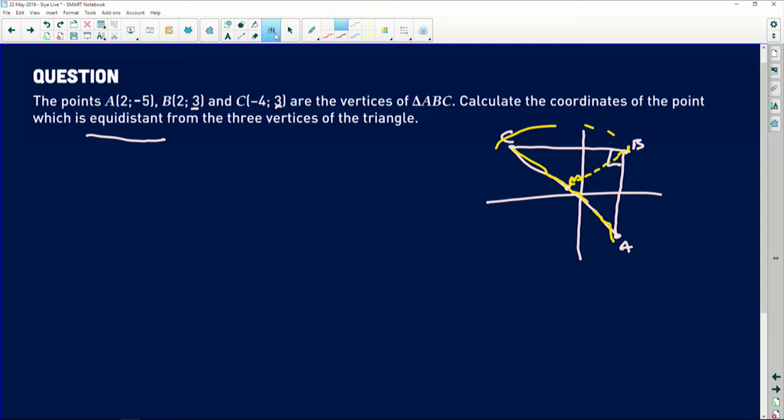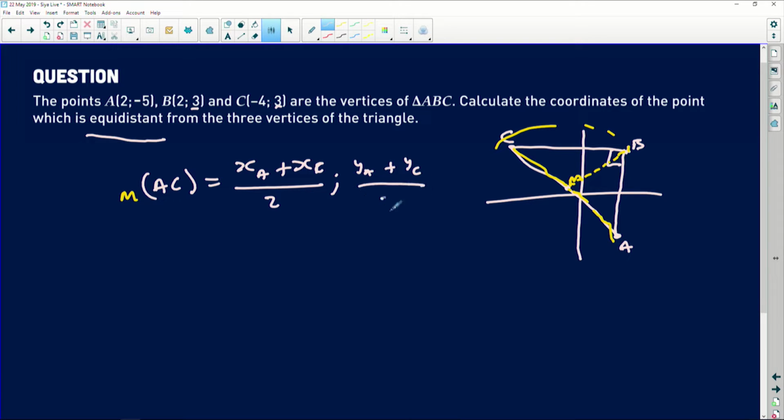Now, let's just look at what we can do then. M of AC will then be equal to, remember the midpoint formula, (XA + XC) divided by 2, and then (YA + YC) all divided by 2.